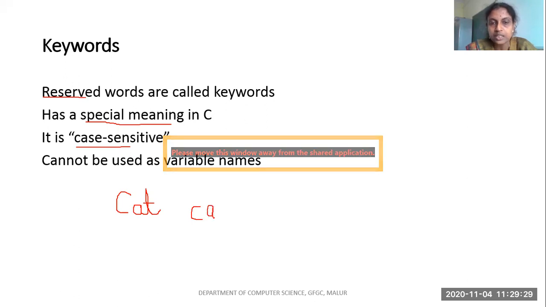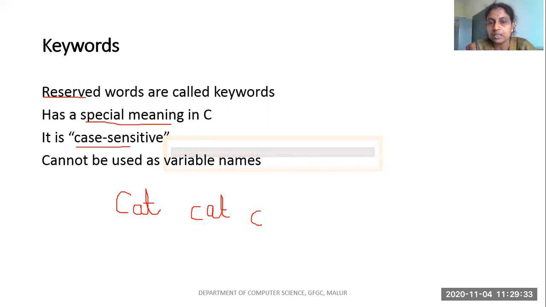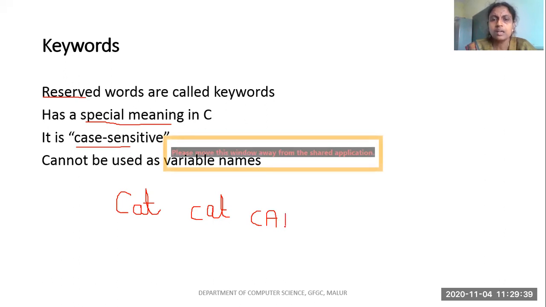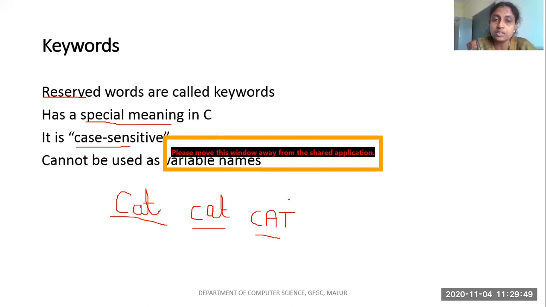Even this is different for the computer. As per our English, all three are the same. How you pronounce all three? Cat. That's all. It's not different for us. But when it comes to the computer, this is different, this is different, this is different. Why? Because this is totally uppercase, this is totally lowercase, and this is a combination of uppercase and lowercase. So this I call case sensitive.